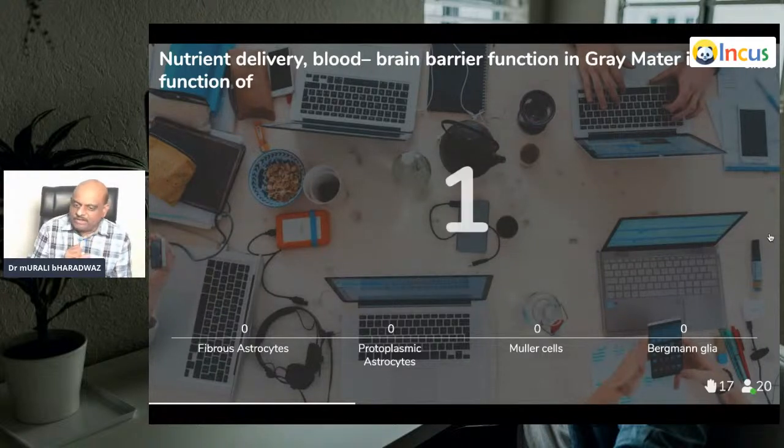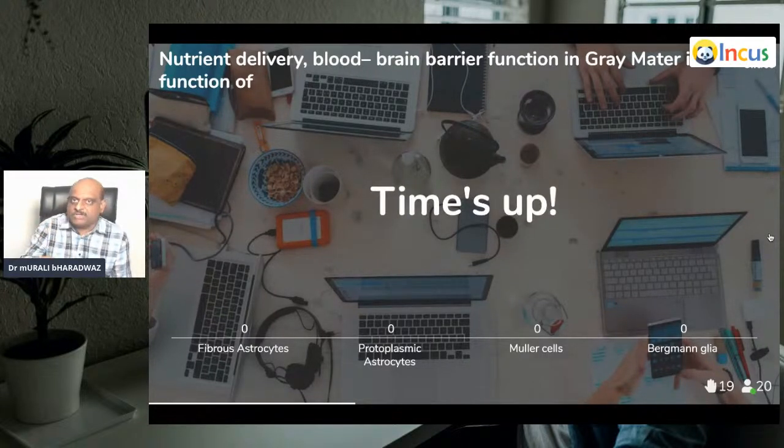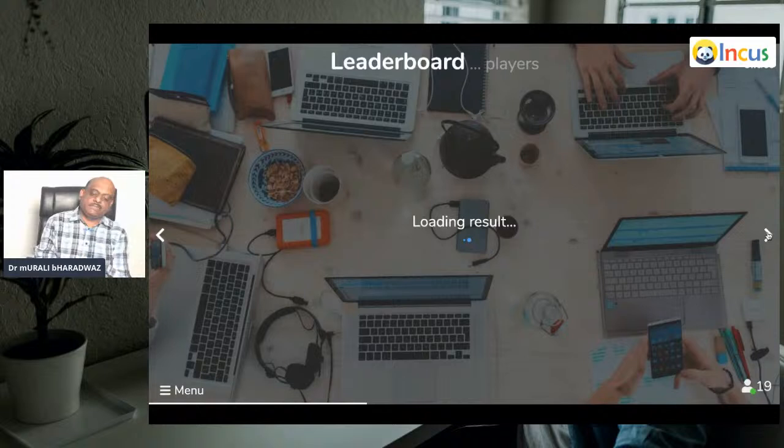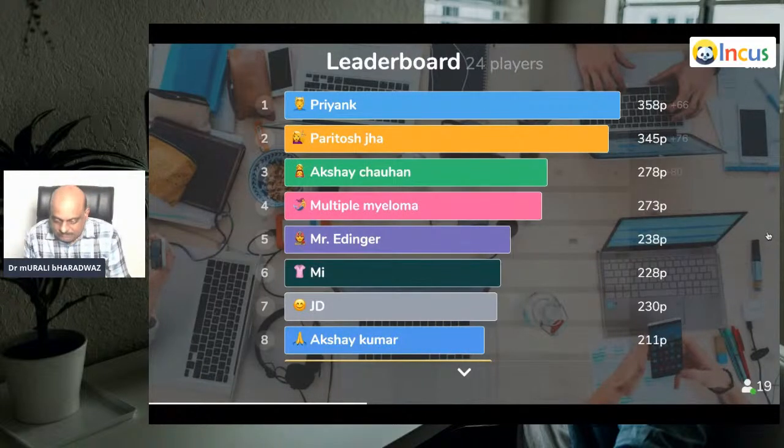Protoplasmic astrocytes. Each of the neural cells, what is their function? There's a beautiful table. Write it in your 200-page book.